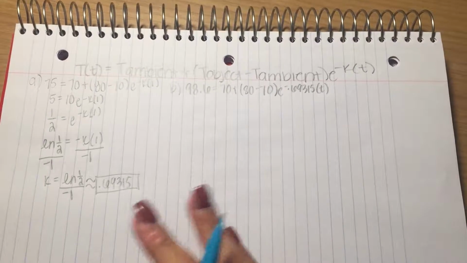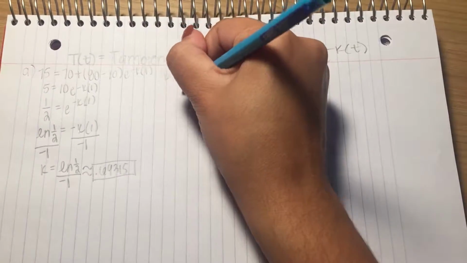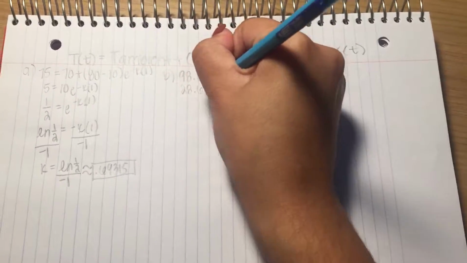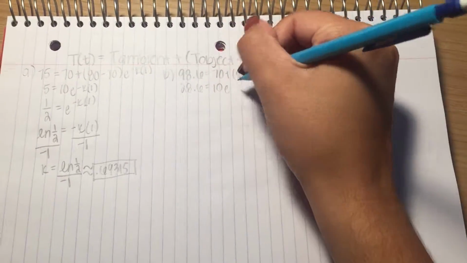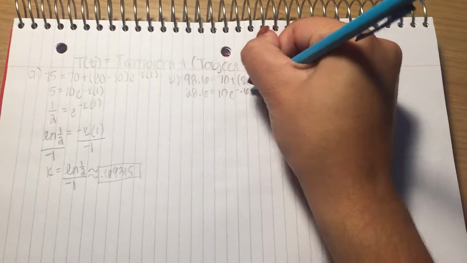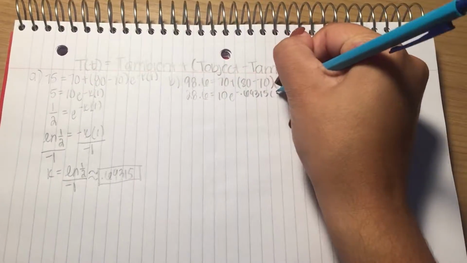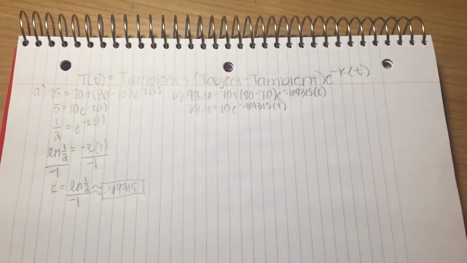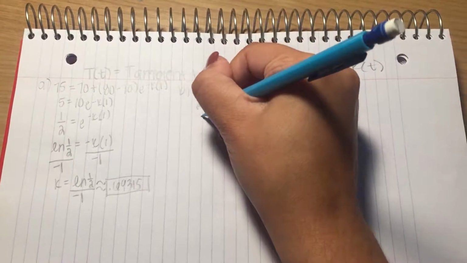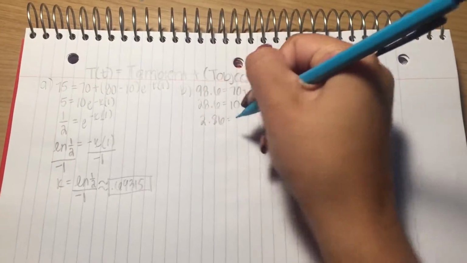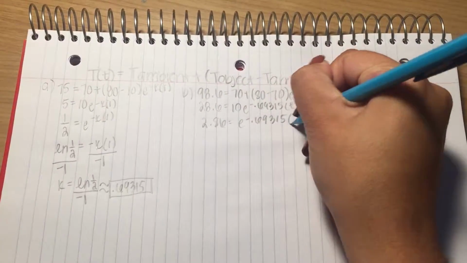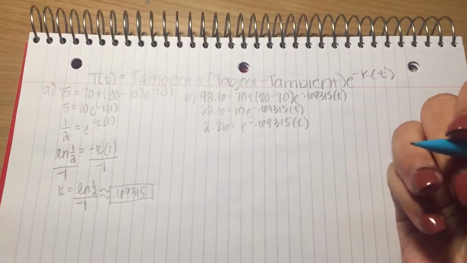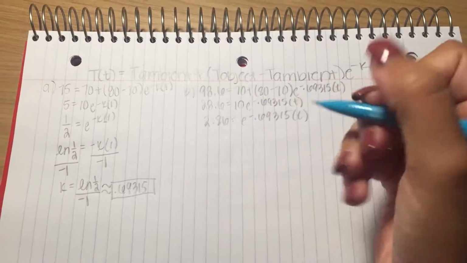From here I'm going to again subtract 70 on both sides and get 28.6 is equal to 10 from subtracting 80 minus 70 again, e to the negative 0.69315 t. I'm going to divide by 10 on both sides and get 2.86 is equal to e to the negative 0.69315 times t. And again, to find the common base, I'm going to take the natural log of both sides.